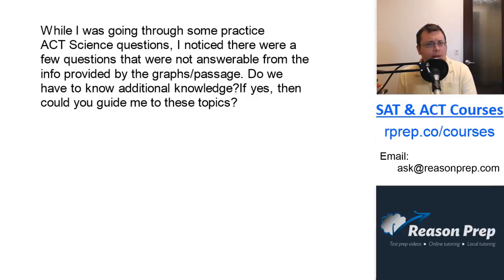I'm sure other books probably have them as well. So there are maybe 3 to 4 questions that might require some outside knowledge. Otherwise, most of the questions can be answered with just reading, with just the graph and the figure.